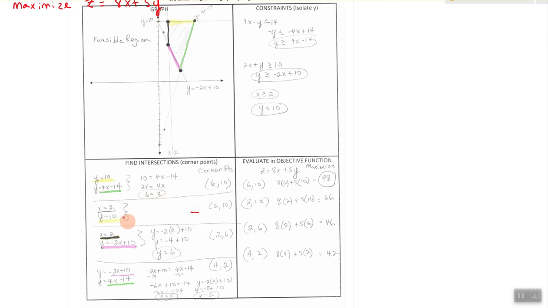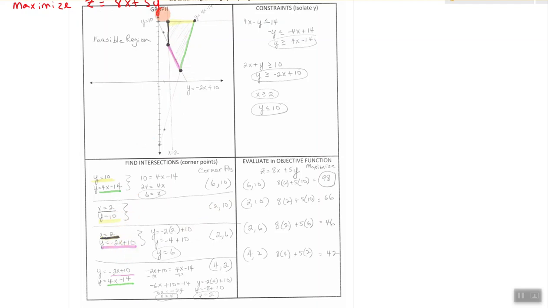And then I looked at this one, the yellow and the black. Well, the black is x equals 2. The yellow is y equals 10. Well, that makes a point on itself. So I've got 2, 10. Then I looked at the black and the purple. Where do they intersect? Well, the black is x equals 2.